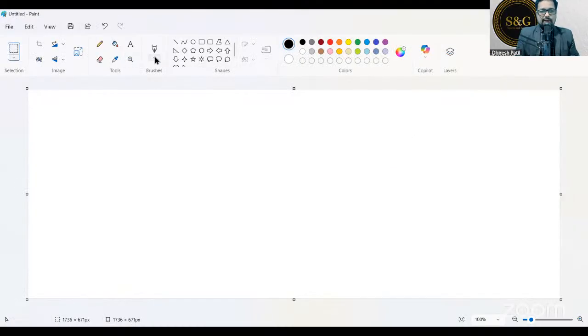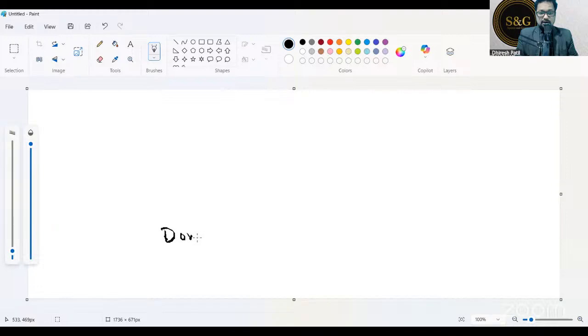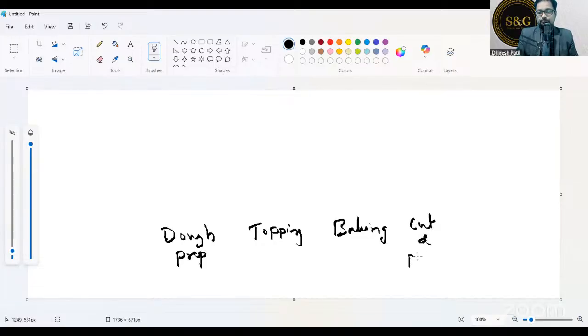Let me draw this diagram here. We had dough preparation, then we have the topping, then we have baking, then we have cut and pack.